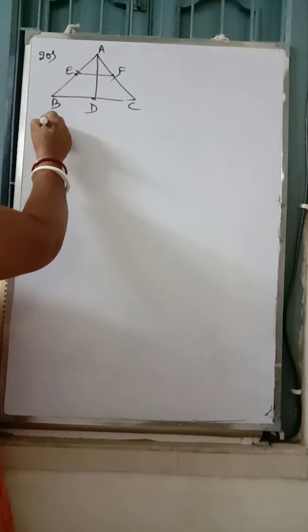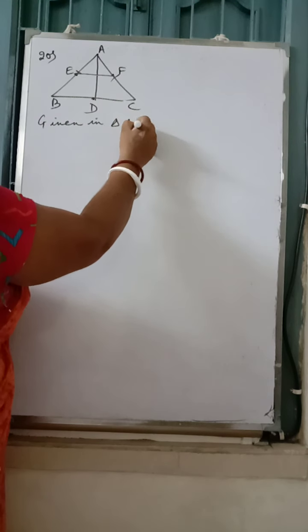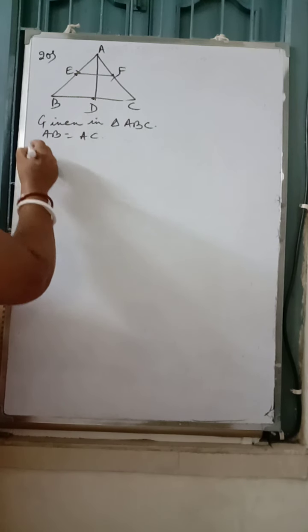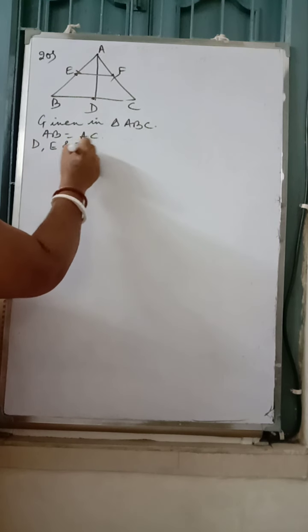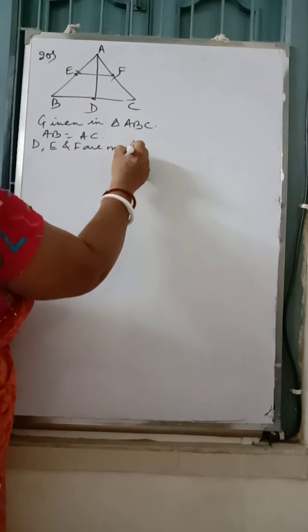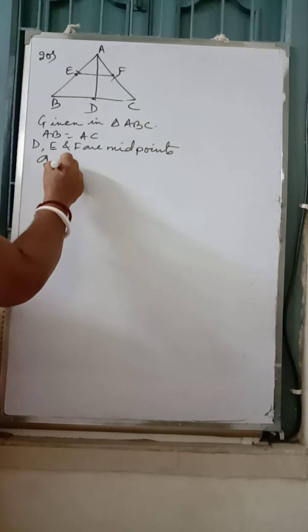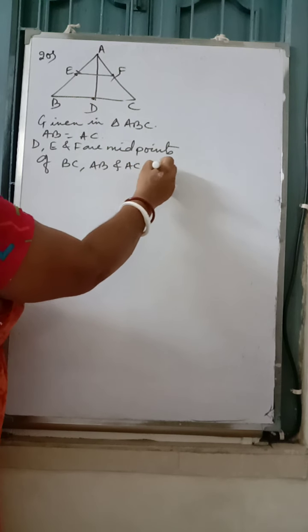Given: in triangle ABC, AB is equal to AC, D, E and F are midpoints of BC, AB and AC respectively.